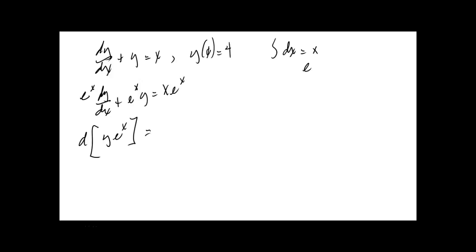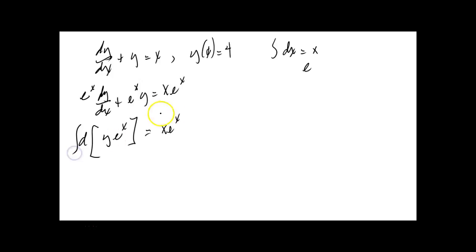Let's check to make sure we got this, to make sure I haven't skipped a step. You take the derivative of this, product rule: dy dx times e to the x, that's what we got here, plus y times d of e to the x, which is e to the x y. Yes, that works. And over here will be x e to the x.